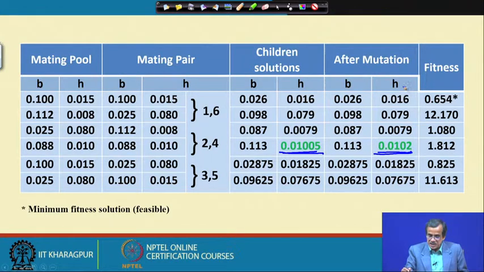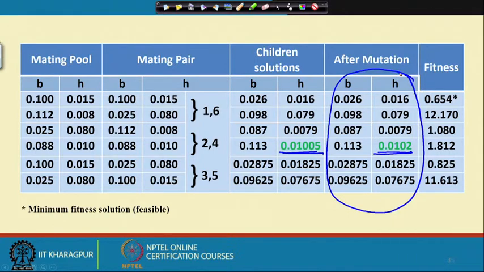So, after the mutation, this is the scenario of the whole population, and corresponding to this B and H, I am just going to calculate the values of the fitness. The fitness is found to be 0.654 corresponding to the second set of B and H. So, this is the fitness, for the third set this is the fitness, fourth one this is the fitness, fifth one this is the fitness, and the sixth one this is the fitness.